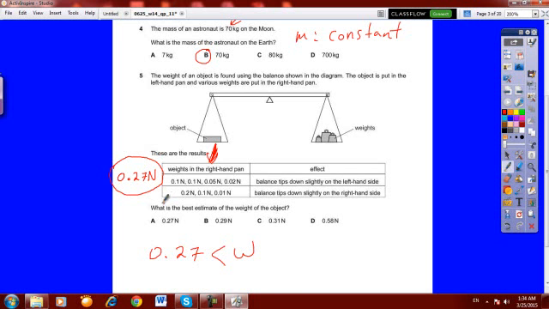Now putting 0.2 plus 0.1 plus 0.01, which means 0.31, it will tip slightly to the right hand side. So now W is more than 0.27 and less than 0.31, so it's between these two values, which is 0.29, and so the correct answer is B.